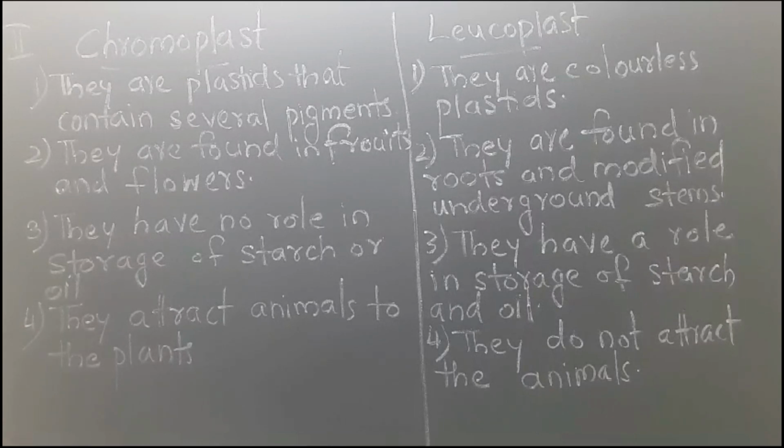So, animals are attracted to the plant. Whereas leucoplasts do not attract the animals because they are colorless plastids, no attraction, and especially it is found in roots and modified underground stems. So they won't attract the animals.